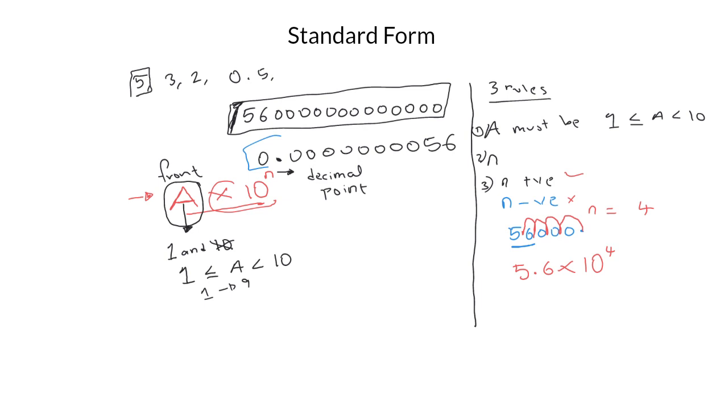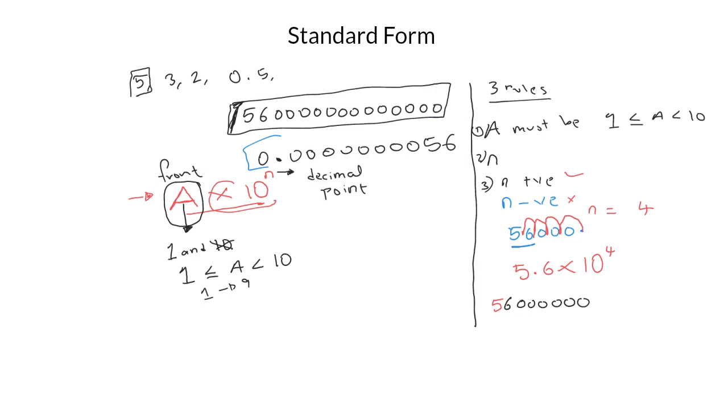Okay, let's do another one. We're going to increase the number of zeros we have there. So this time I'm going to make this 56 million. Right? If we have 56 million, again, there is no decimal point anywhere in this number.